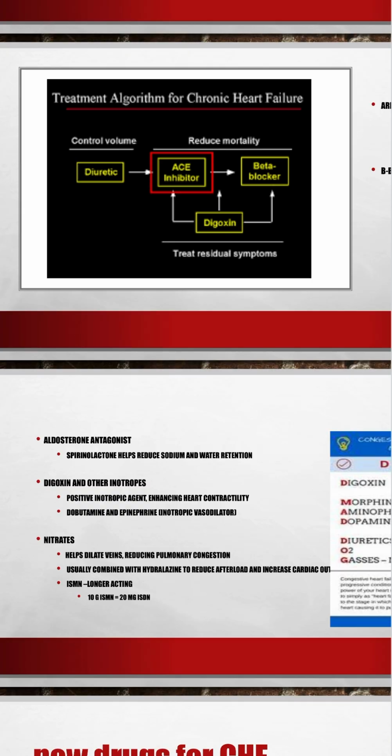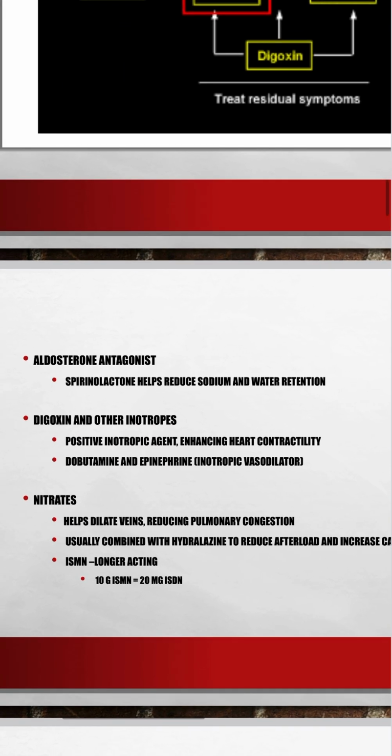heart. Then when there are instances wherein there's chest pain, there's SOB, patients are being given nitrates to help dilate the veins, to help reduce pain, help lower the blood pressure, at the same time relieve pulmonary congestion.